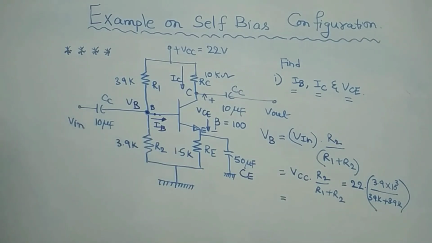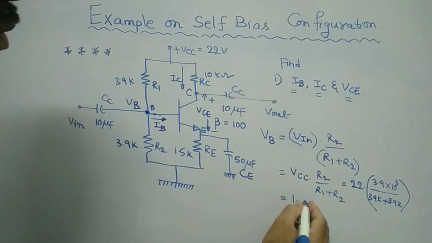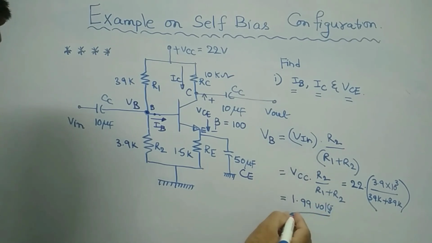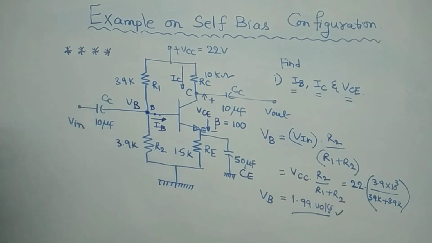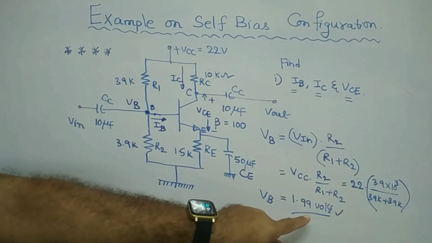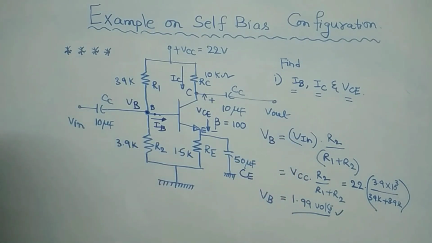There you will get the VB value as 1.99 volts. This is the first parameter which we need to find out. VB is equal to 1.99 volts. This is the simple formula used to find VB.